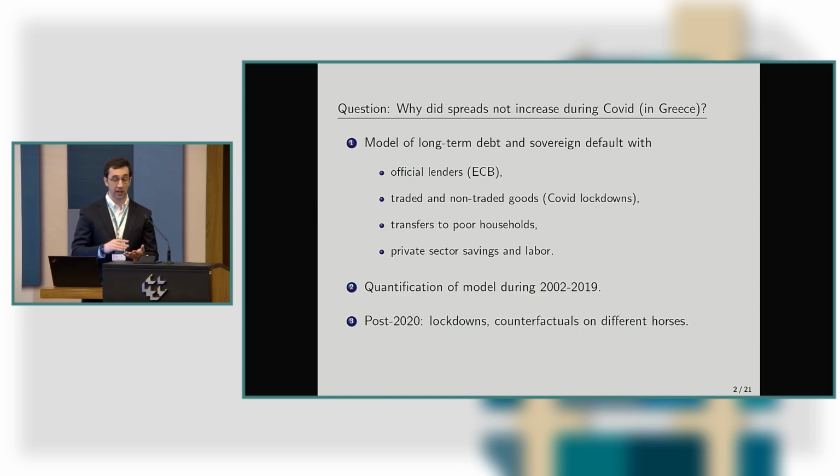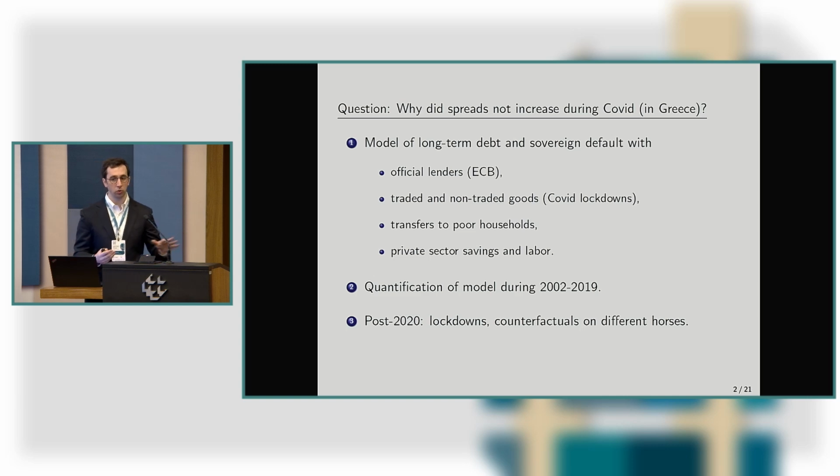It did default, it had very high debt, went through a very large recession, and it got a large amount of official support from the IMF, the European Commission and the European Central Bank. So we think this is a really useful case to help us identify some of these key parameters.